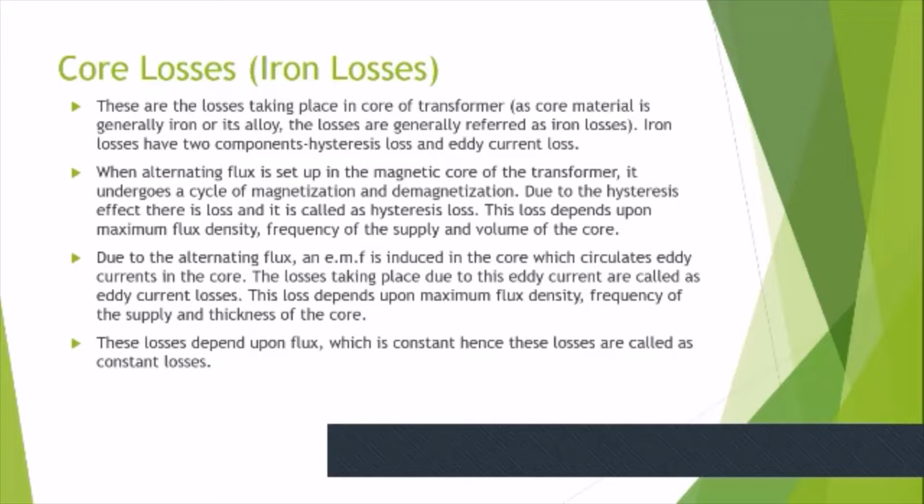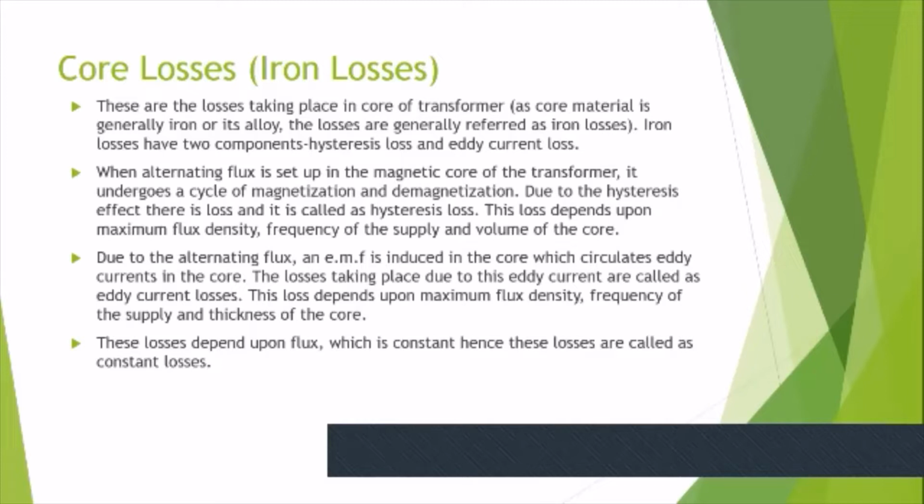Hysteresis loss. What is meant by hysteresis? Hysteresis means the phenomenon in which the value of a physical property lags behind changes in the effect causing it. When alternating flux is set up in the magnetic core of the transformer, it undergoes a cycle of magnetization and demagnetization.